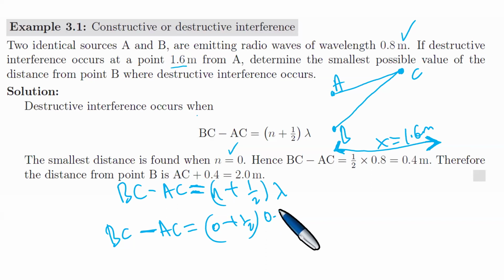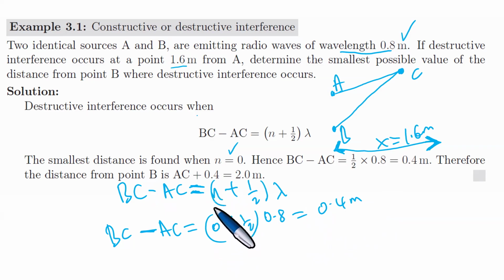The wavelength itself is 0.8, and therefore the answer becomes exactly 0.4 meters. Therefore, the distance from point B is exactly AC plus 0.4.